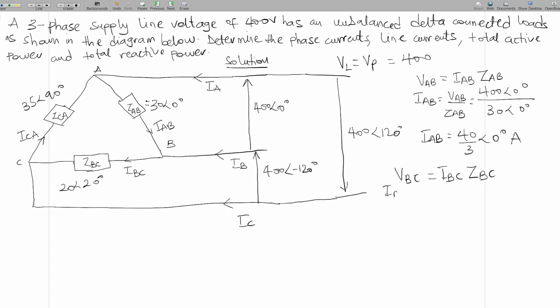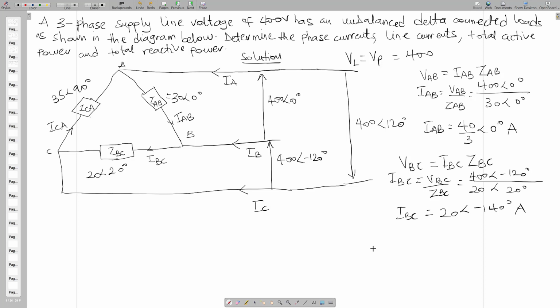So IBC, that is the phase current, will be equal to VBC out of ZBC. So VBC, we have to be 400 angle minus 120 degrees, and ZBC was given, that is 20 angle 20 degrees. So IBC is going to be 20 angle minus 140 degrees ampere.